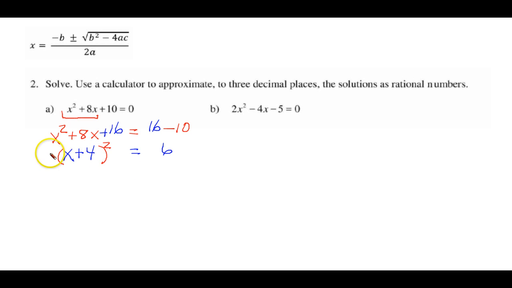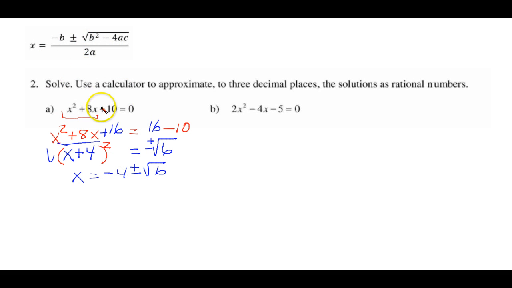So when we take the square root of this side and plus or minus the square root of that side, we get x equals, transpose that 4, negative 4, plus or minus the square root of 6. Now, if you did this in the regular way, you'd get that same answer using the quadratic formula.